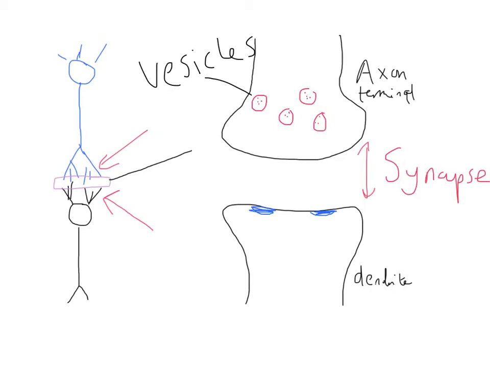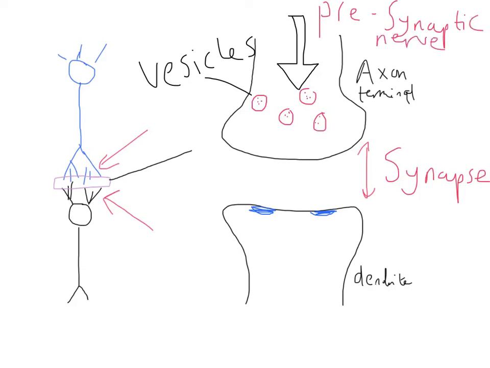Now when an impulse, a nerve impulse, travels down this neuron, which from now on we're going to call the presynaptic nerve. Pre as in before, and synaptic is before the synapse, so the presynaptic nerve, the nerve before the gap. So when an impulse travels down the presynaptic nerve, what happens is these vesicles move down.